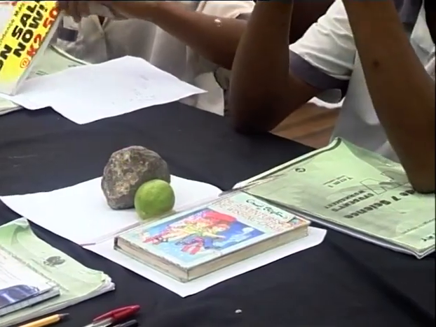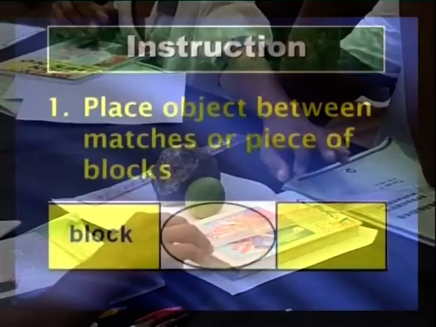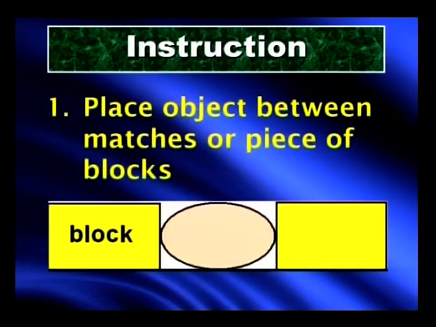Okay, you can use the cover of the book. Your instruction number 1, let's do that together. Place the object between the 2 objects, the blocks or the matchbox or the hardcover book.